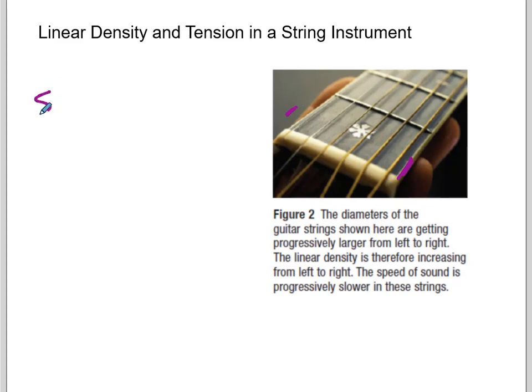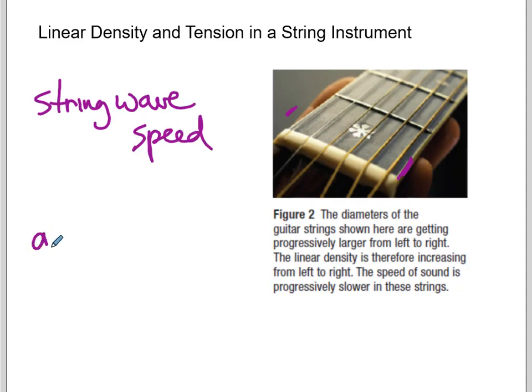There is a string wave speed, and there is an air wave speed. Okay, and they are not the same thing. So when you pluck a guitar string, this guitar string here will vibrate, and there will be a certain frequency.